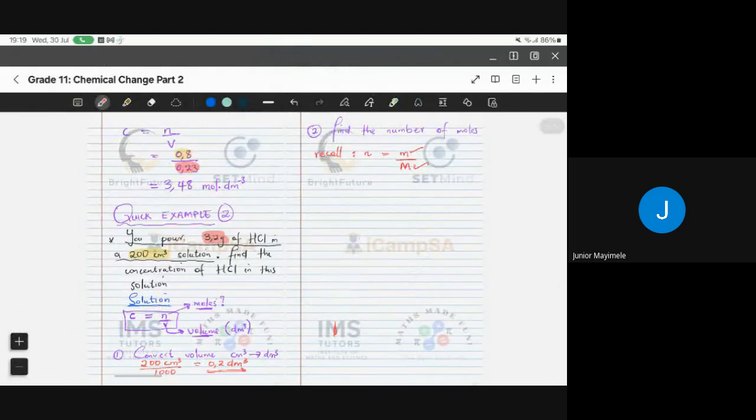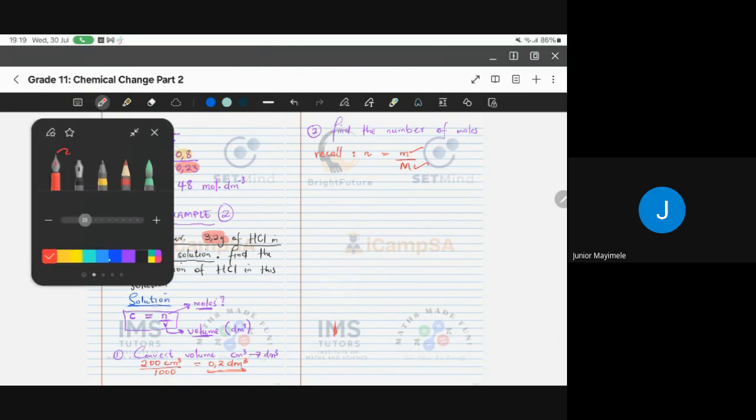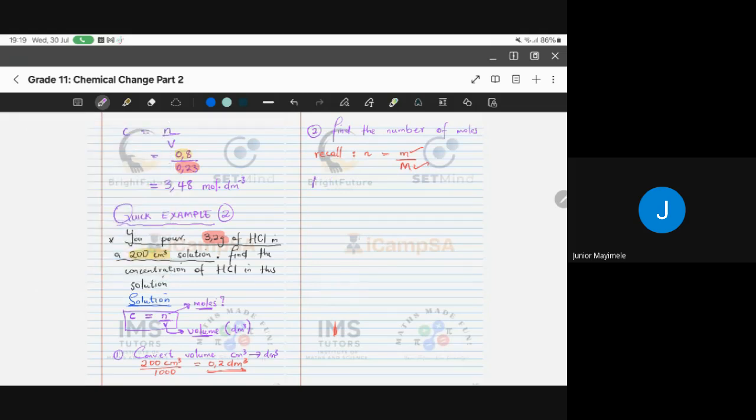So we have M. Molar mass of HCl is 1 plus 35.5, which is 36.5 grams.